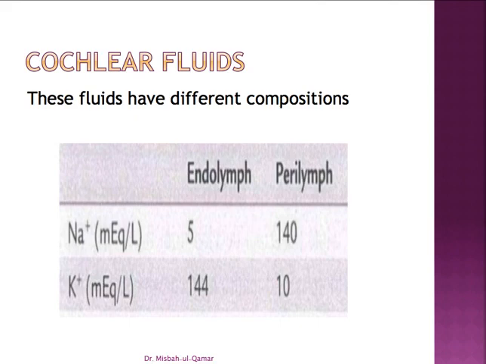So there is a voltage difference between the endolymph and the perilymph, and the difference is around 80 millivolts. This is very important in understanding the endocochlear potential.